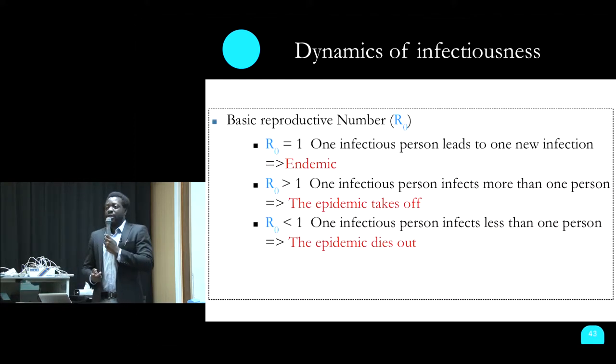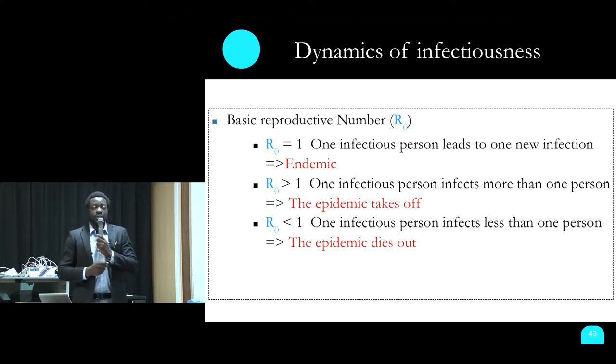But what does it really mean practically? R naught of 1 means that one infectious person can give the infection to only one new infected person. In that case, we have an endemic stage, because the infection goes only one to one.